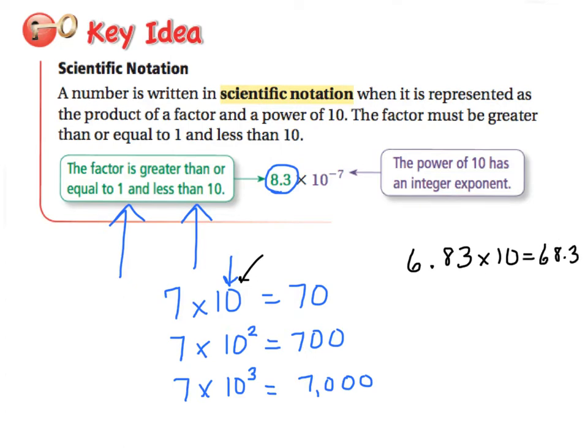I didn't add a 0. 6.83 times 100, or I'm going to write it as 10 squared, that gives me 683. What's happening? I'm hoping that you realize that every time you multiply by 10, the decimal place moves over one value for every 10 that you multiply by. So the decimal moves over 1. Here we multiply by 100, so the decimal moved over 2.